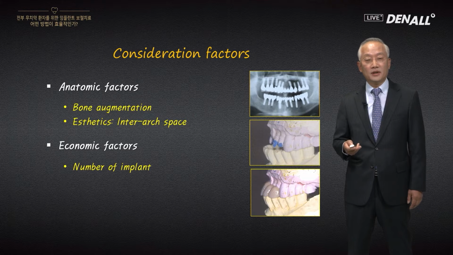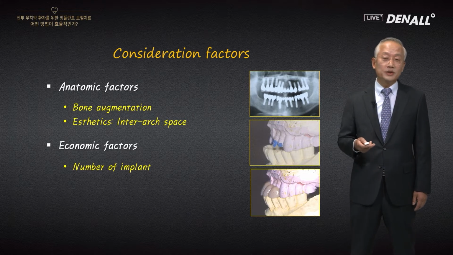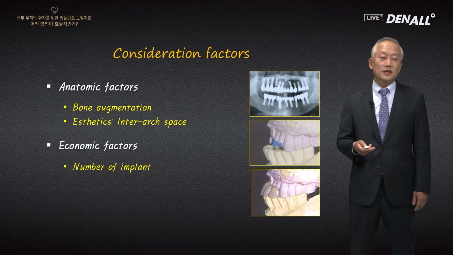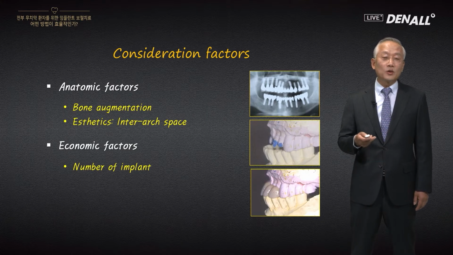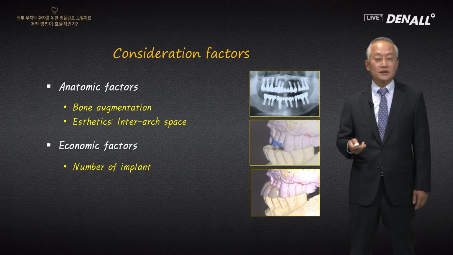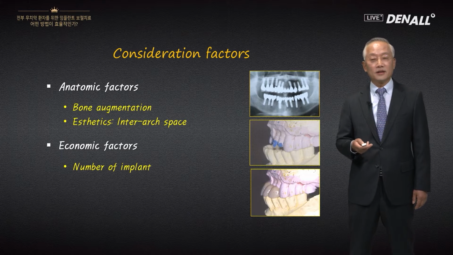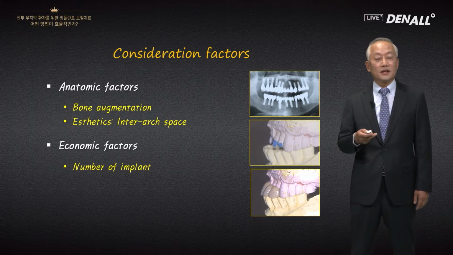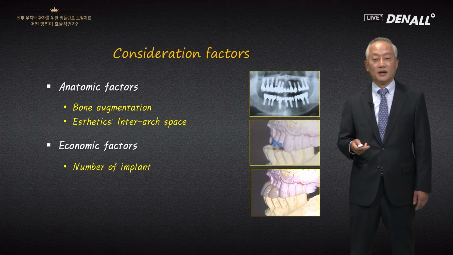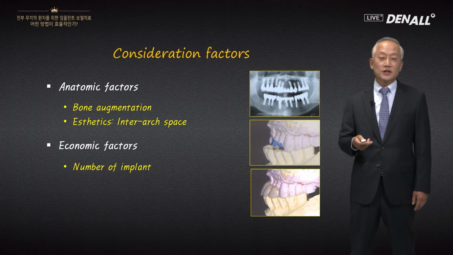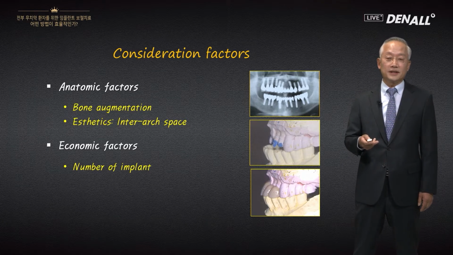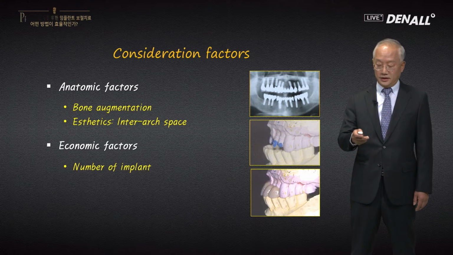Whether the patient requires bone graft or not is also one of the biggest issues. A second is how many implants are necessary to support the prosthesis. The economic factor cannot be overlooked. These are what people consider most. However, I think people often miss the aesthetic factor.